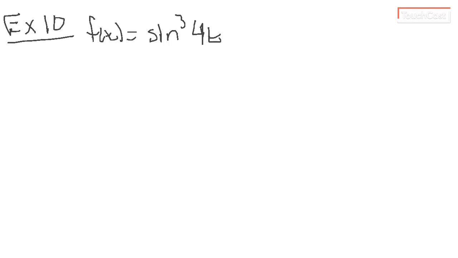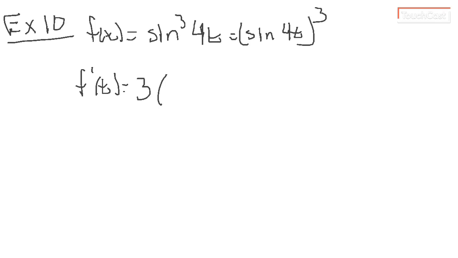We can rewrite this as sine of 4t cubed. So when we are looking to find the derivative f prime of t, we can bring the 3 down, rewrite sine of 4t, and then square that.